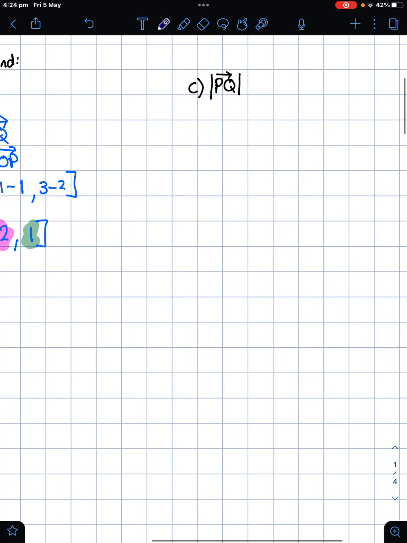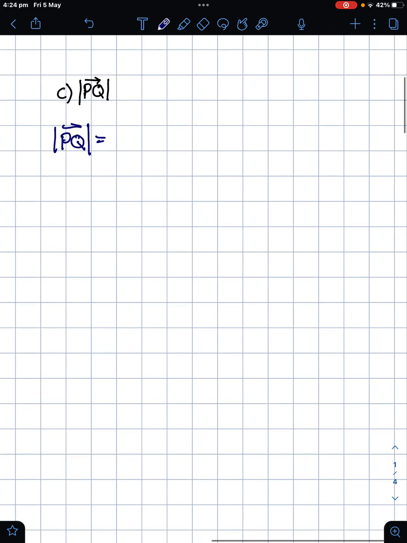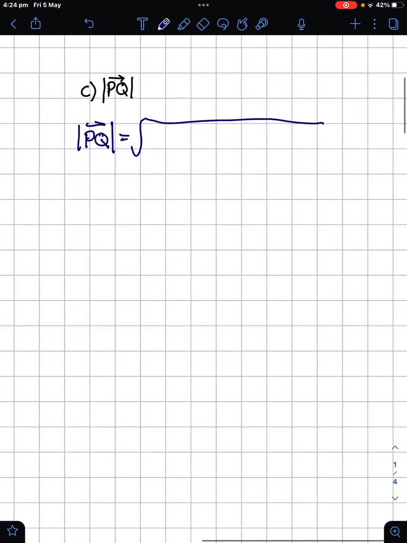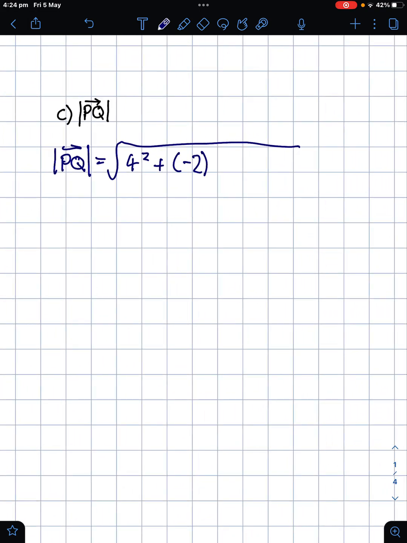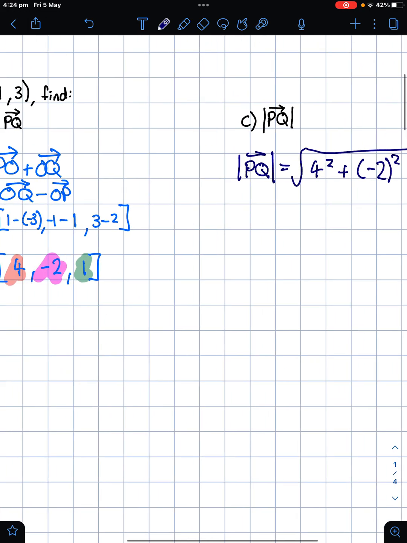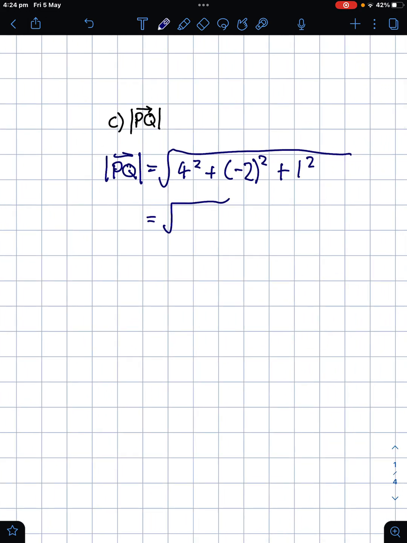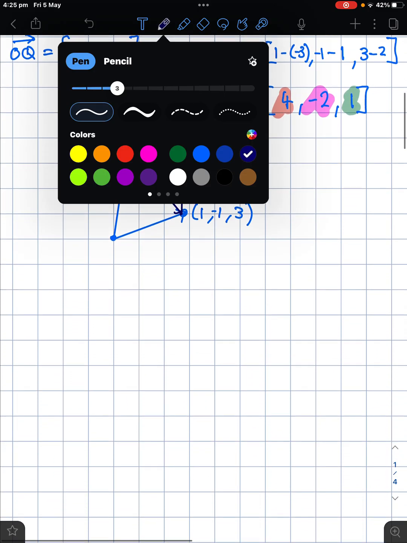So PQ is going to equal the square root of 4 squared plus -2 squared plus 1 squared, which is going to equal the square root of 16 plus 4 plus 1, it's going to equal root 21, which we'll just leave as such. Cool, all done. Let's jump to the next one.